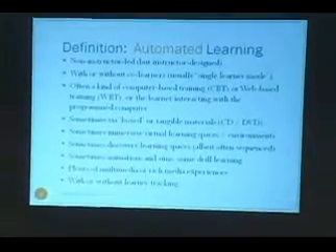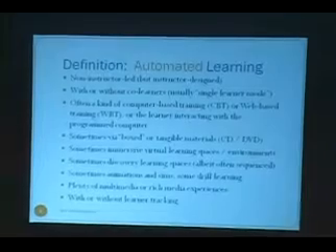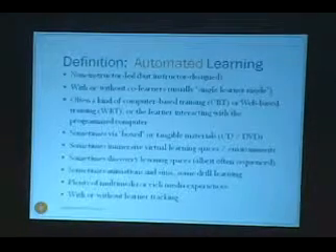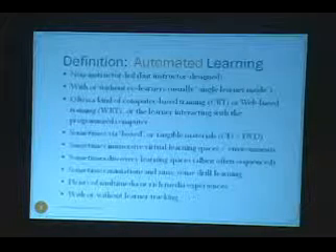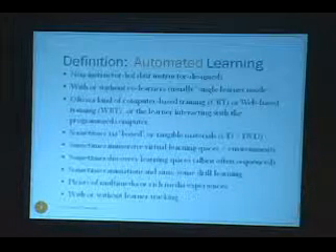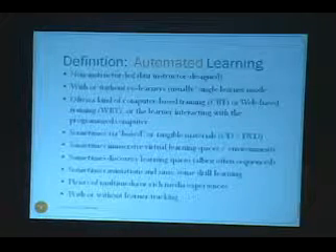Okay, I think we should begin with a very basic definition of what automated learning is, because those of you who have been in e-learning know there are multitudes of new terminology and old terminology used in different ways. So automated learning is non-instructor led.